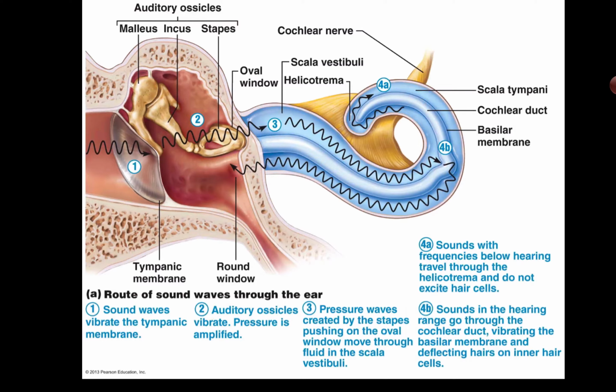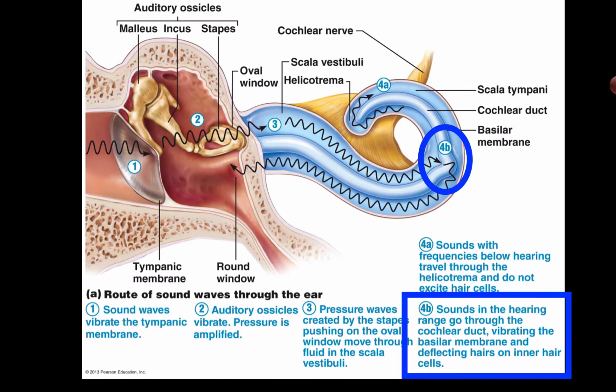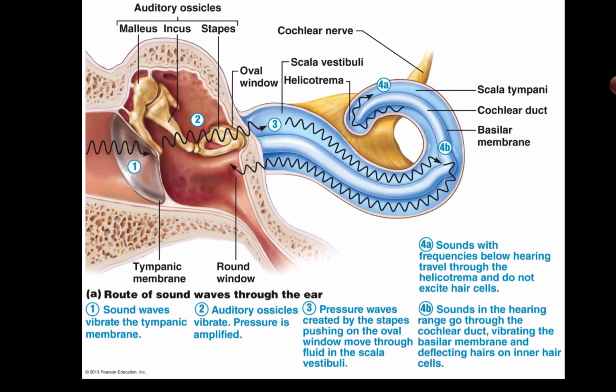But 4b says that sound in the hearing range, those waves go through the cochlear duct, they vibrate the basilar membrane, and then that stimulates these inner hair cells. You'll notice here in 4b how far it goes down, and it stimulates only that part of the basilar membrane.